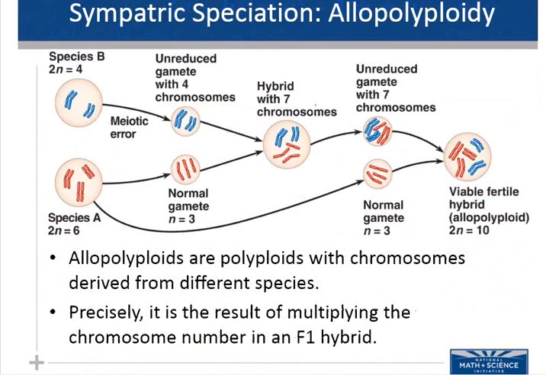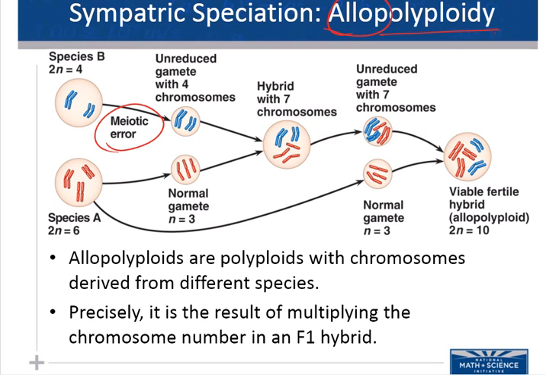But occasionally we have polyploidy that occurs when hybrids are formed, when two different plants mate and at the same time have a genetic abnormality occurring, a meiotic error like we see here. And this is allopolyploidy. Allo means different, like in allopatric. So different meaning two different species mated.